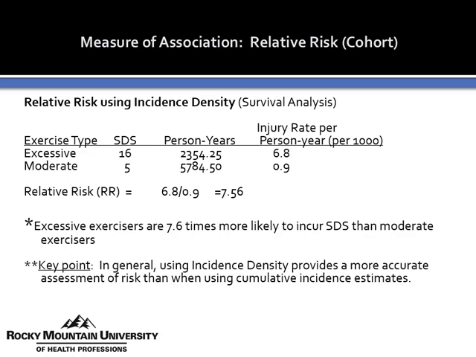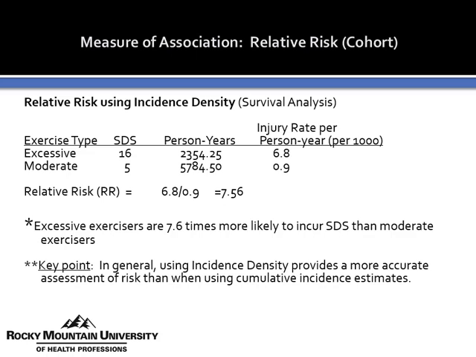Now, you can also do relative risk using incidence density data. And so here's an example where we have the number of individuals that have experienced sudden death in each group and the total number of person years. So how do we calculate the relative risk? Well, we want to divide the injury rate per person year.